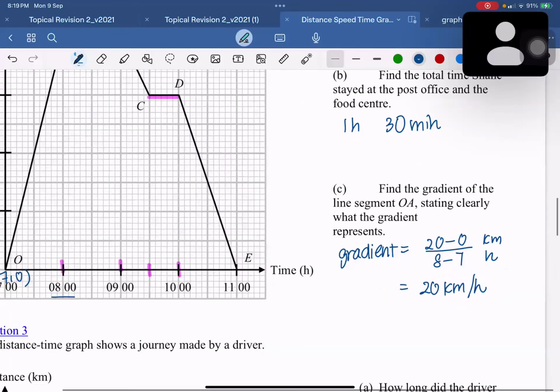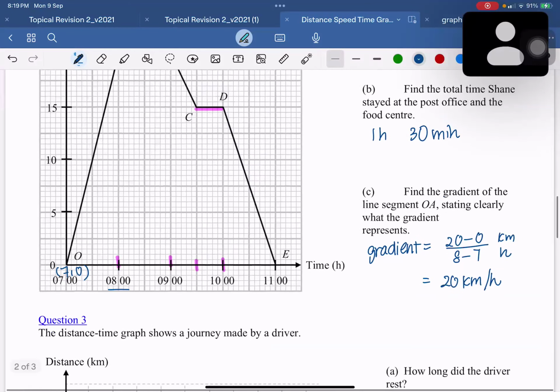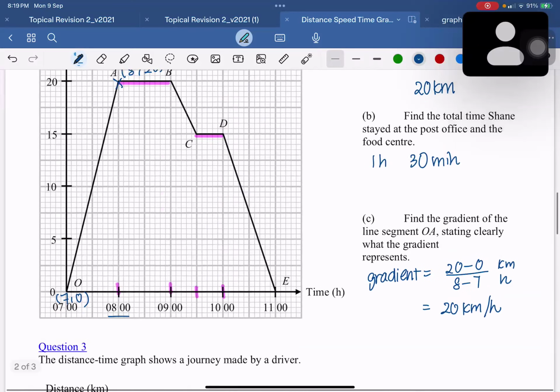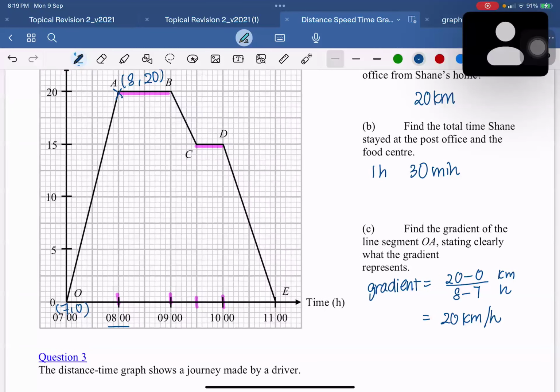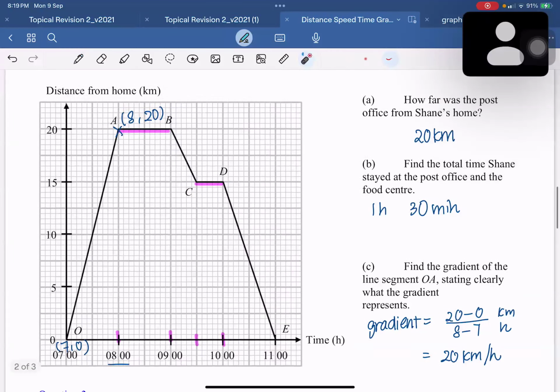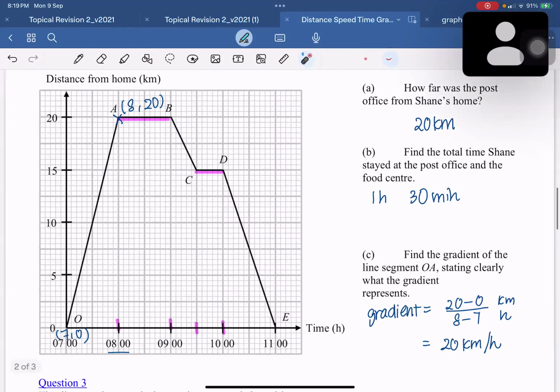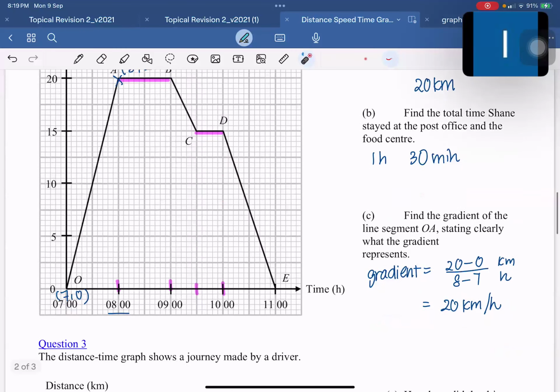State clearly, what does this gradient represent? Something similar to what we answered just now. This person is Shane, right? So Shane cycled at what kind of speed? Straight line, what kind of speed? Constant. Constant speed of how much? 20 kilometers per hour. Correct.